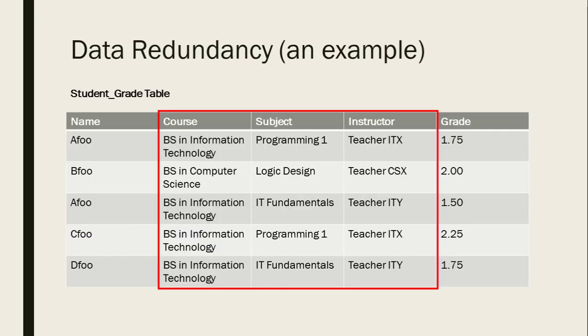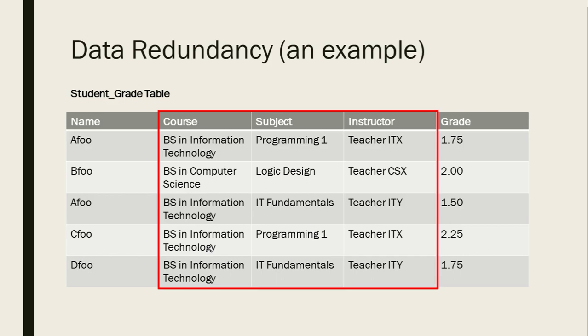An example would be, let's say, teacher ITX, who is teaching Programming 1, decides to leave the company, and teacher ITY is tasked to take over the subject of teacher ITX. In this case, there are two students taking up Programming 1, AFU and SIFU.